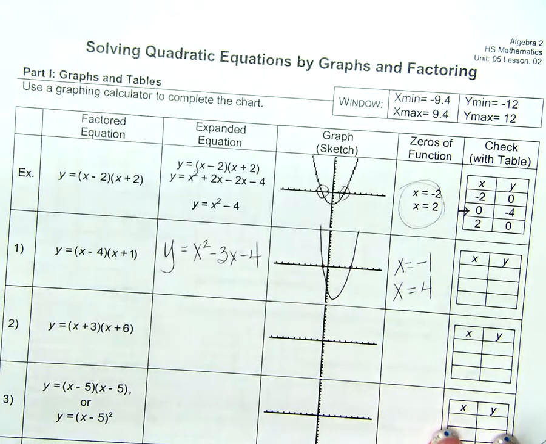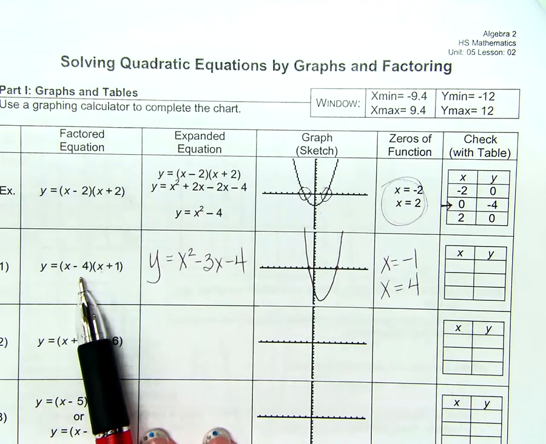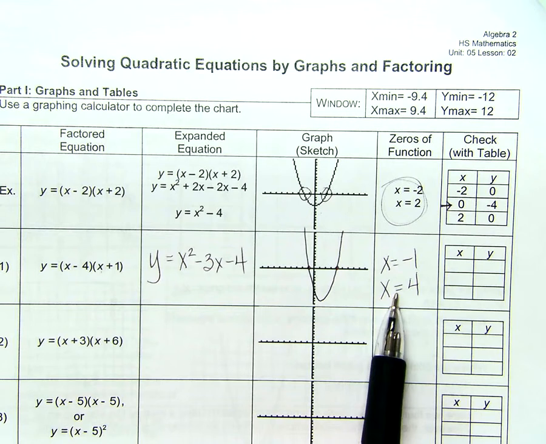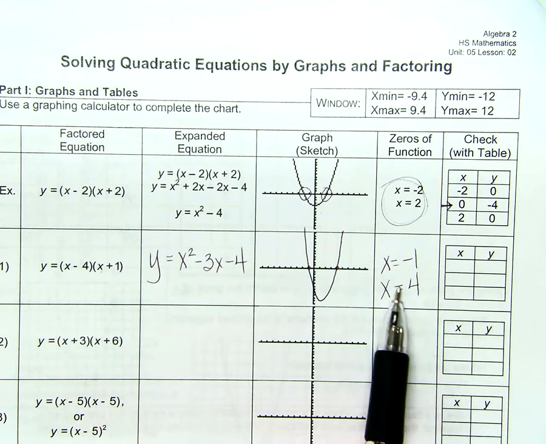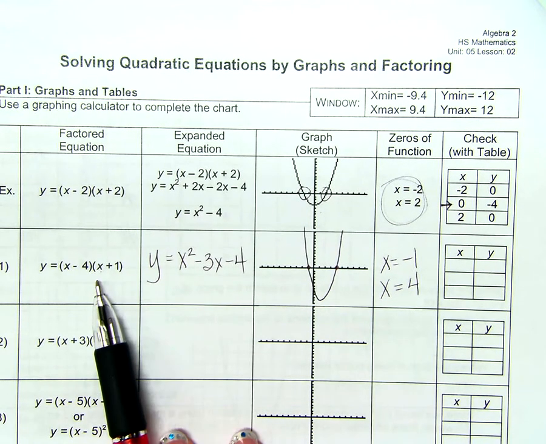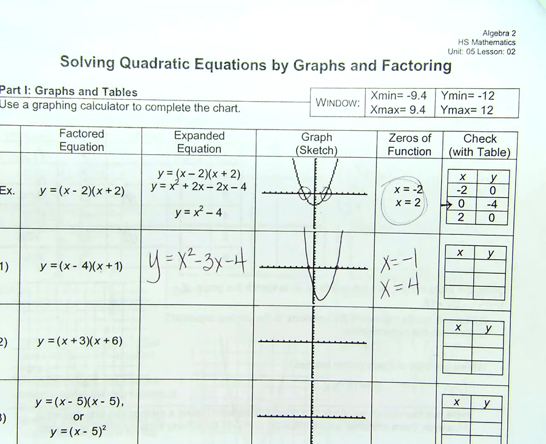Wait a second. How do my zeros and my factors relate again? Did you just figure it out? Good. I saw the light bulb. How are they related? Now, I want you to be careful.